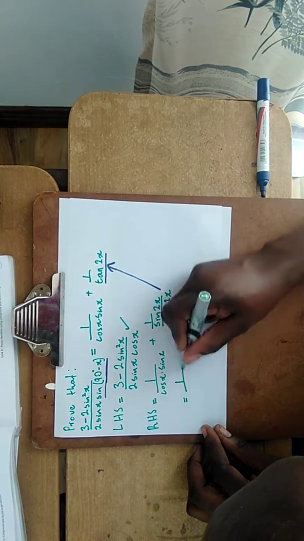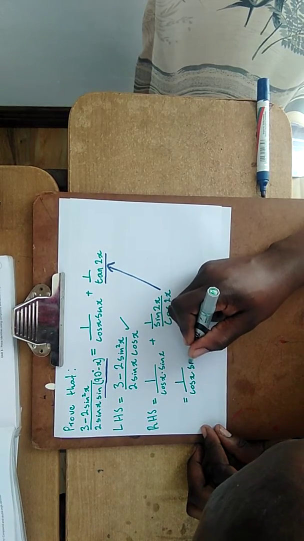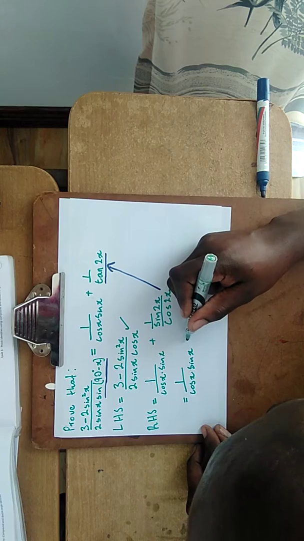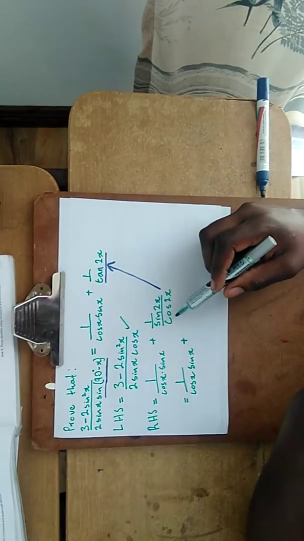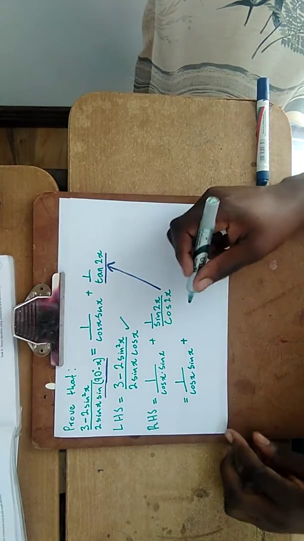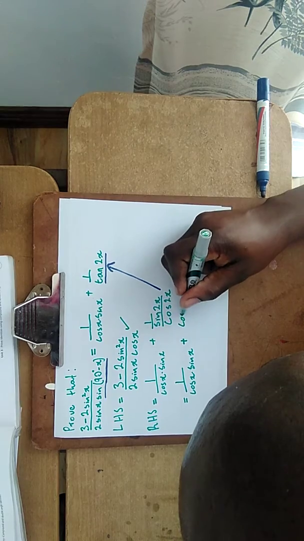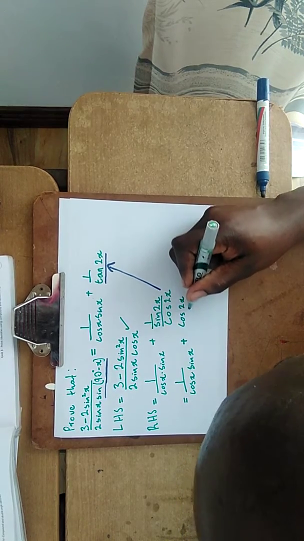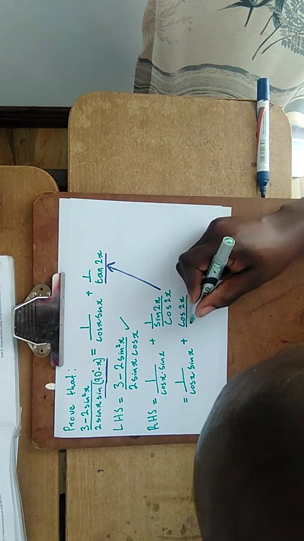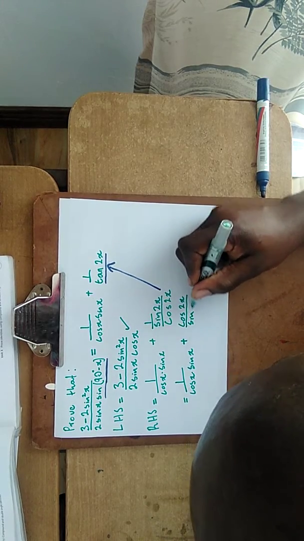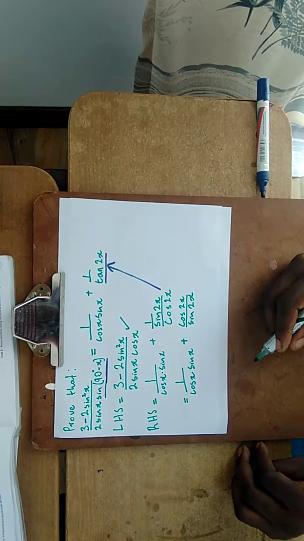Then we write 1 over cos x times sine x plus, then this is a fraction over a fraction. So we write it as cos 2x over sine 2x.